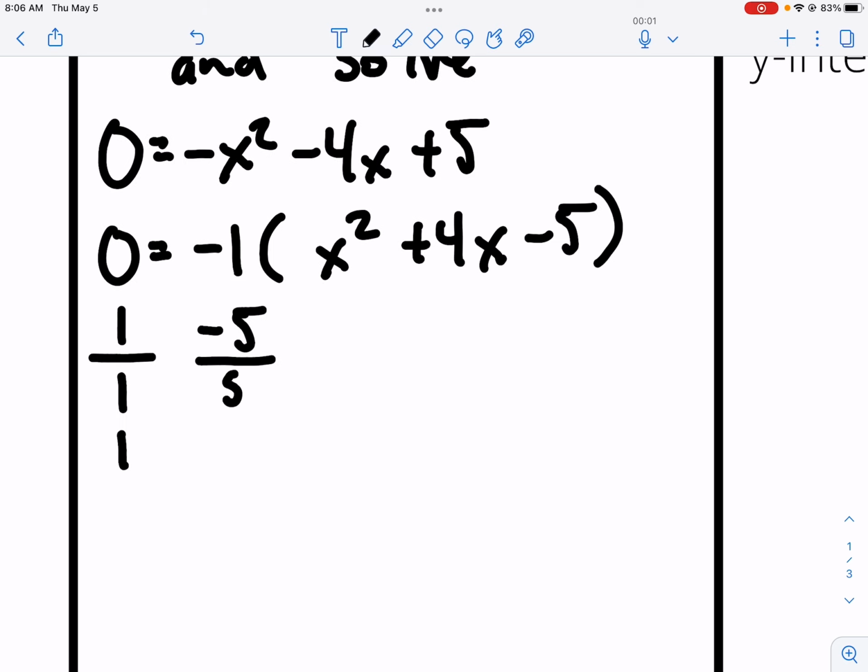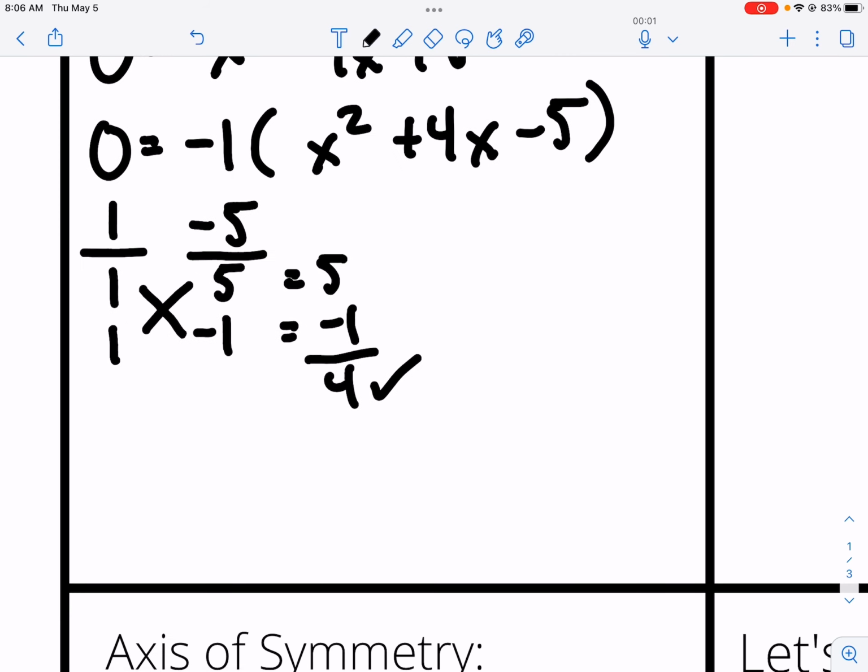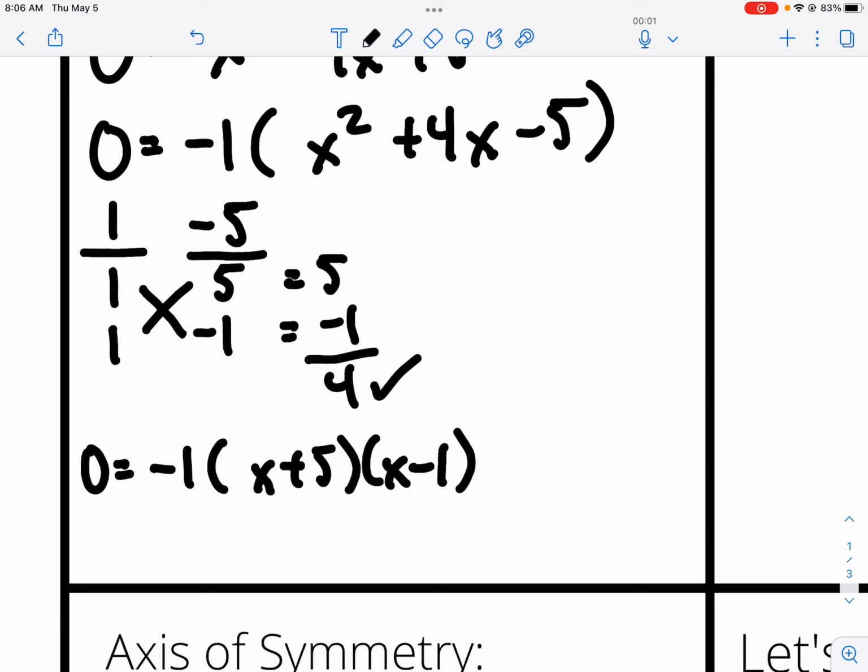It's going to give us 5 and negative 1. 5 minus 1, 4. So our two binomials are 0 is equal to negative 1, the GCF in front, x plus 5, x minus 1.